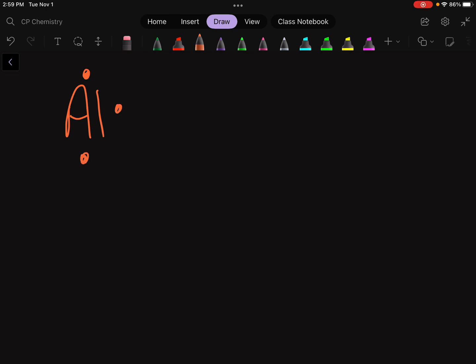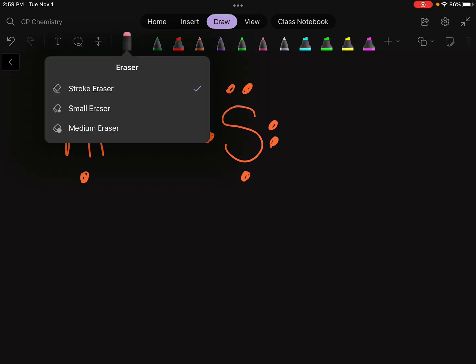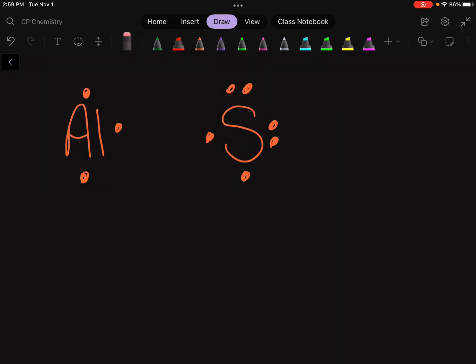So it has 3 valence electrons, and sulfur is in group 16. So it has 6 valence electrons. Okay, so aluminum, the metal, is going to give its electrons to sulfur. It has 3 to give. Sulfur only needs 2. So only 2 can hop over to sulfur.